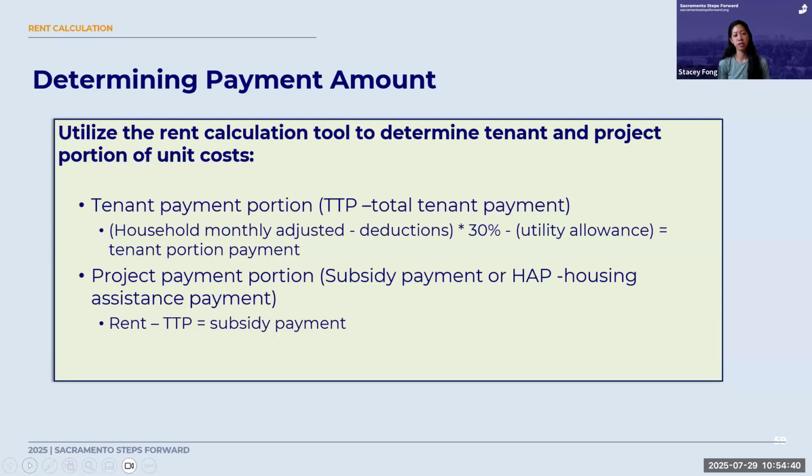And then your project payment portion, also known as subsidy payment or HAP, which is a housing assistance payment, is the cost of rent minus the participant's portion of rent, which would equal your subsidy payment. So again, if you're paying the full amount of rent for the client because they're not receiving any income, it's more straightforward.